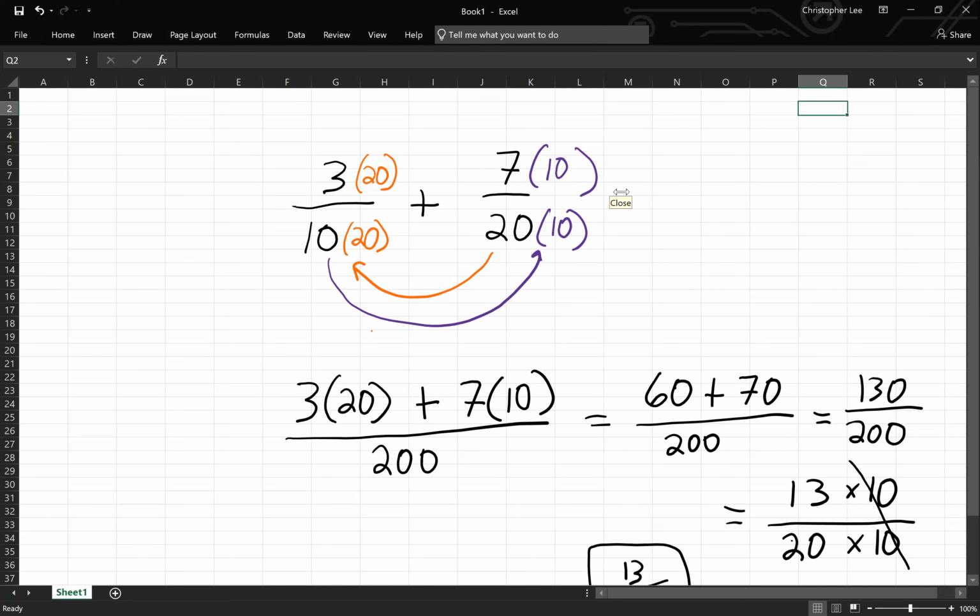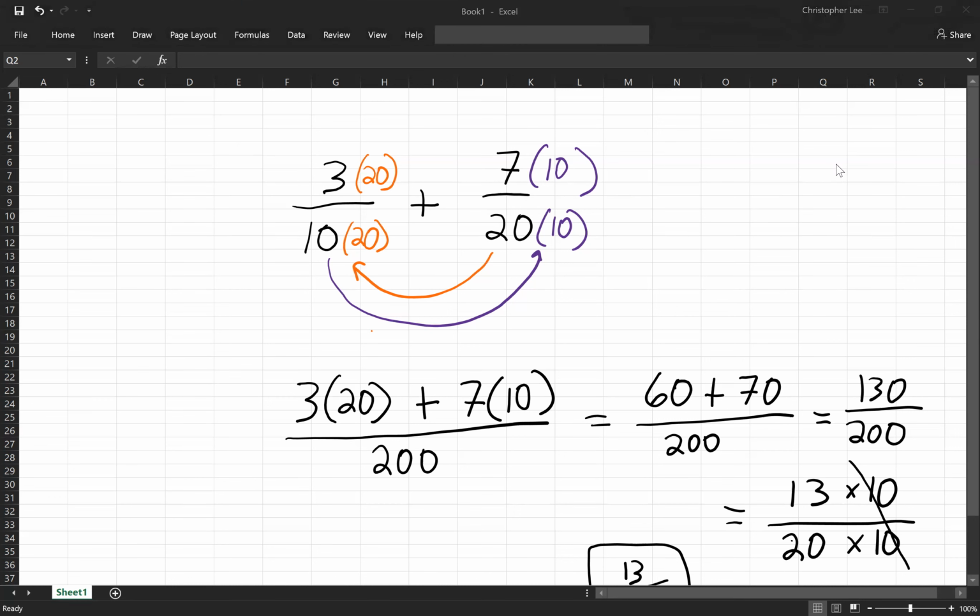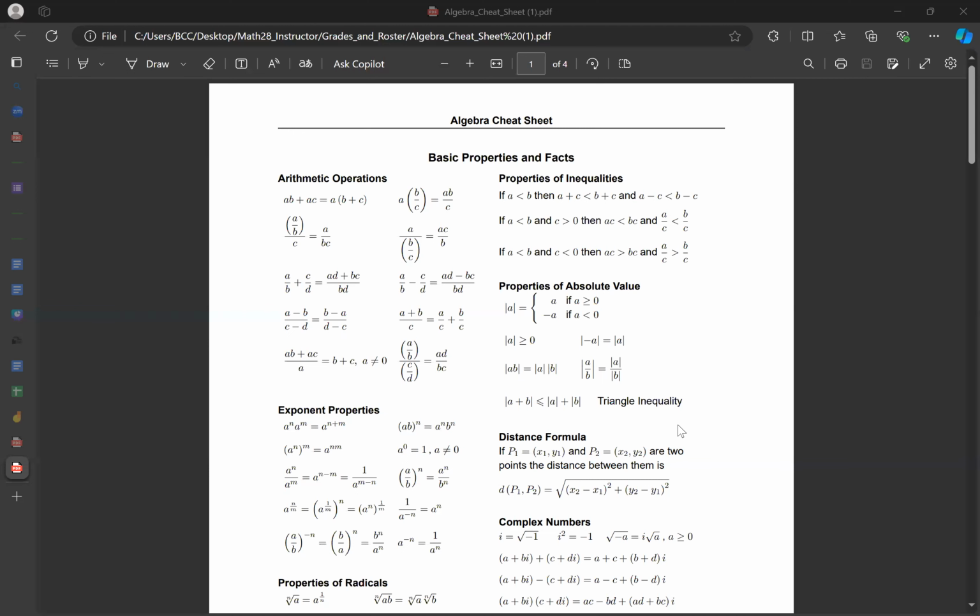Also, if you're looking at the sheet, let me see if I can pull up the sheet real quick and show you where exactly we are on the sheet. So this is our formula sheet here.